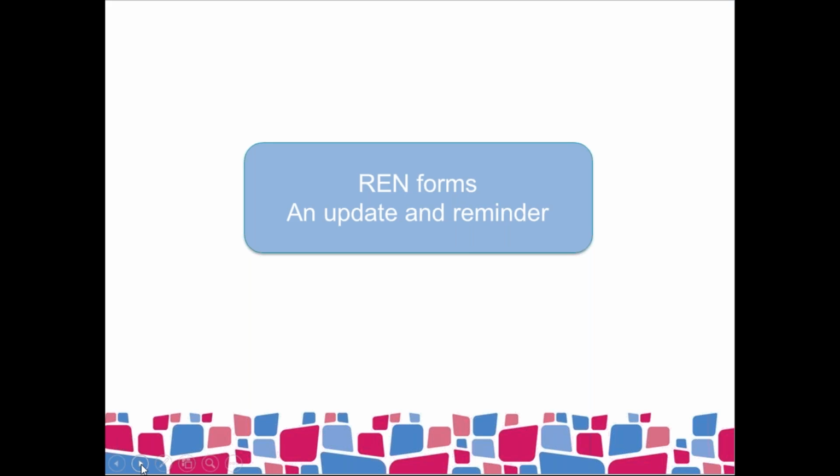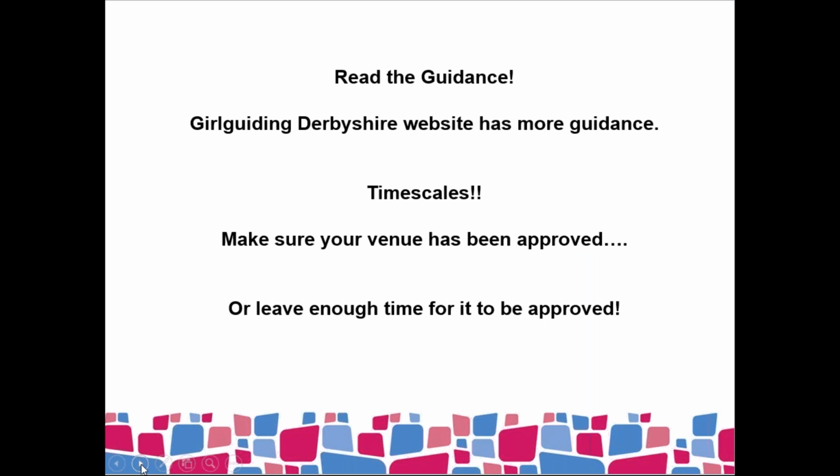Okay. Right, this is the last bit. This is a reminder about the REN forms, or the Residential Event Notification Form. What I need to tell you about these is it has a lot of guidance on the form. There's a lot of writing on there. Read it.